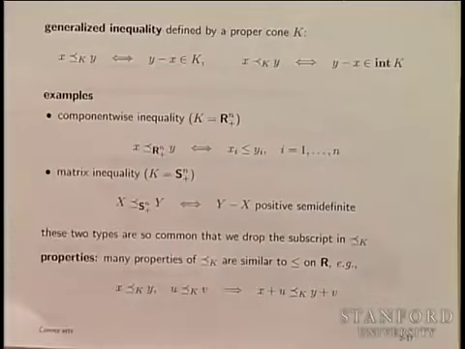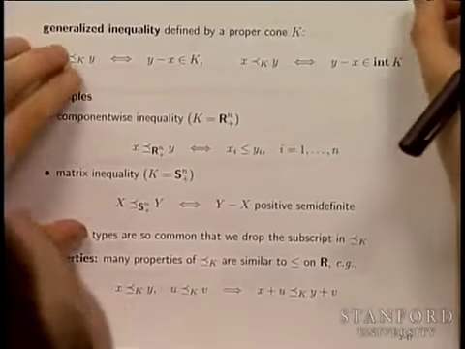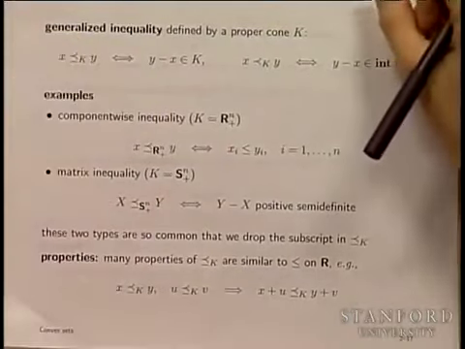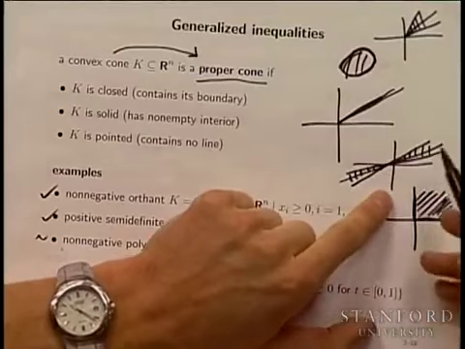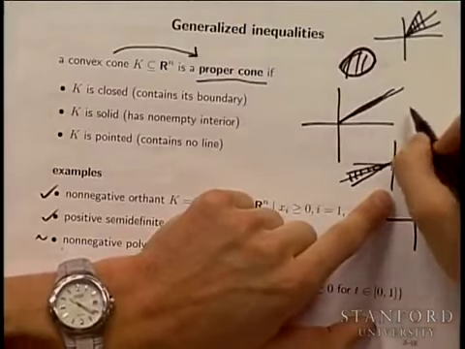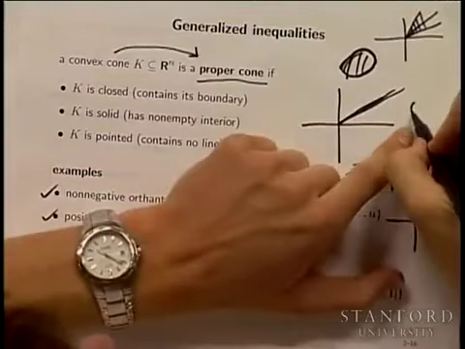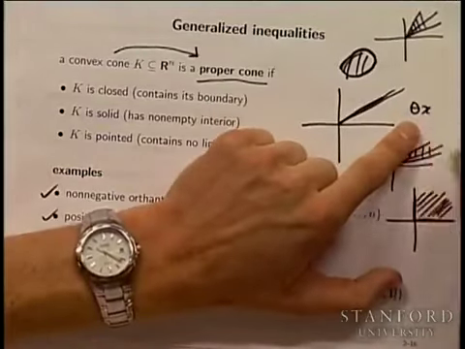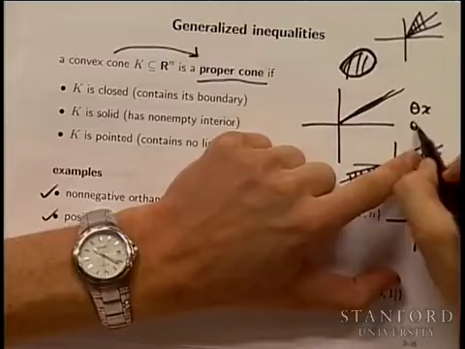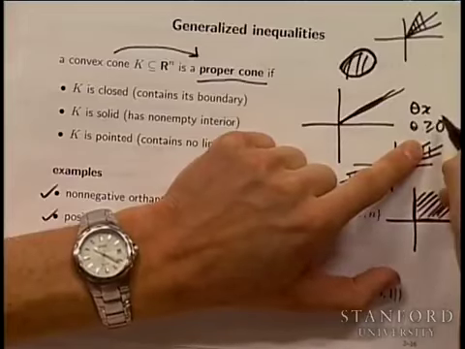Okay, so when we make a generalized, yeah. Why is that a cone, the third drawing? 1, 2, 3, this one here. It's a cone because, so the definition of a cone was, I think it was just that if I have a point x in the cone, theta x for theta positive has to be in the cone.